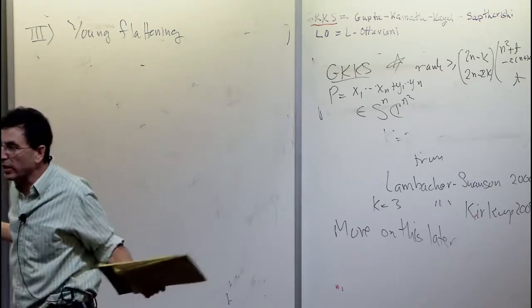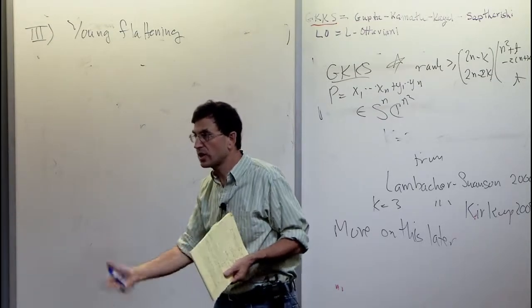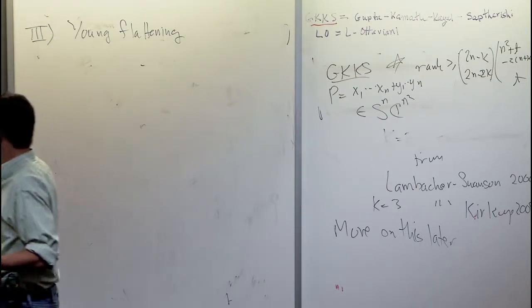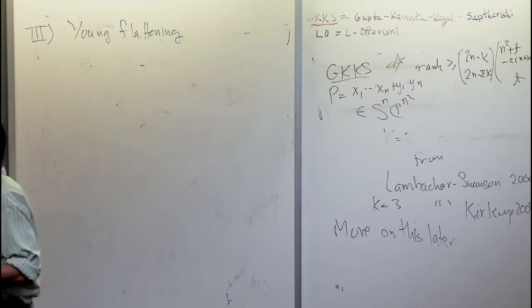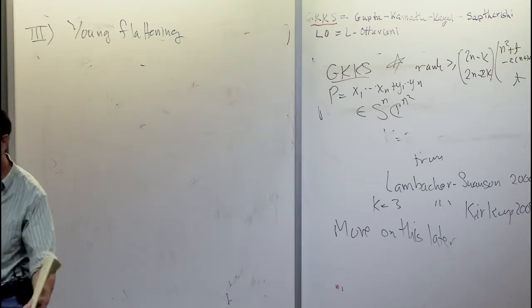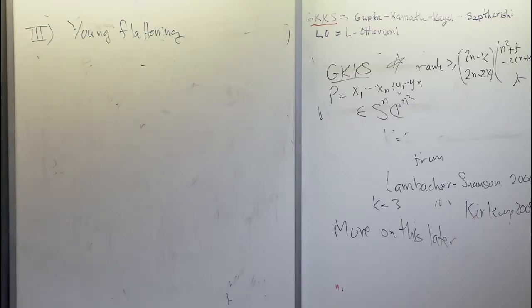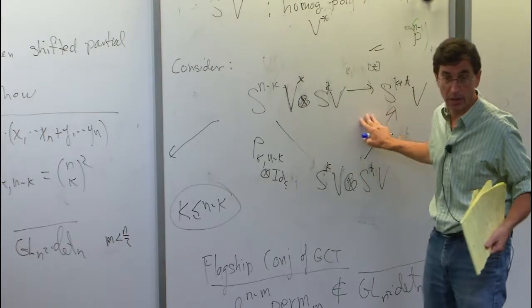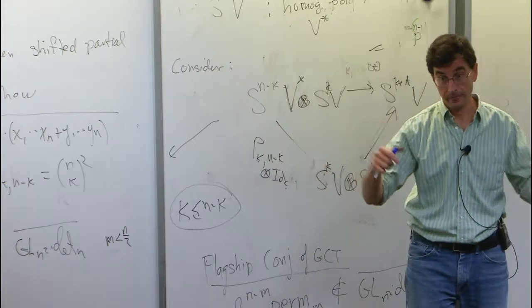So we don't need to worry about them anymore. But we can use them as a starting point, just as the method of partial derivatives was used as a starting point for shifted partials, and you can get a lot more out of shifted partials than partials. If we use this as our starting point, maybe we can go further.